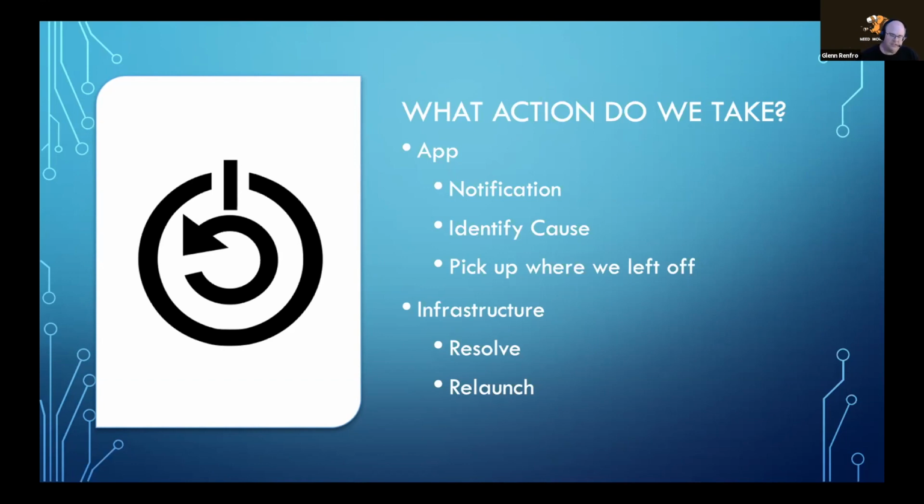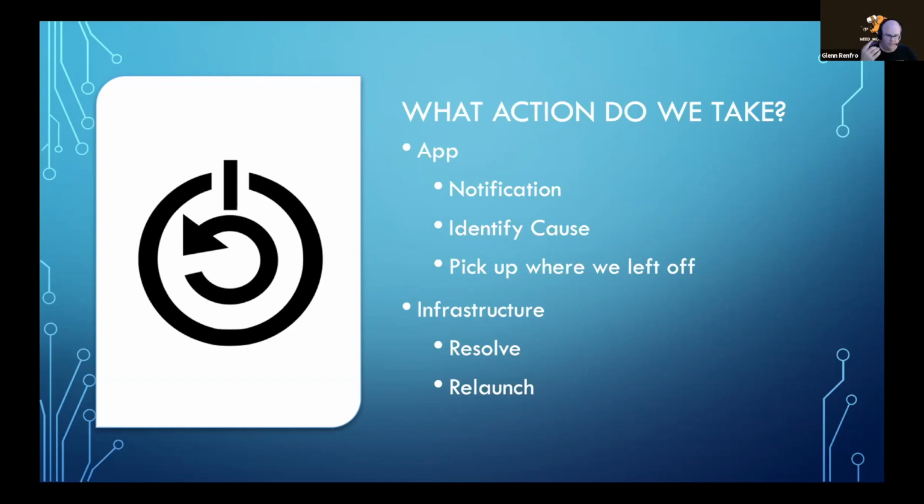The other part is we want to have infrastructure that will capture that notification with that error and attempt to resolve the problem, right? And if it can resolve the problem, we want it to relaunch our app, and our app to pick up where it left off.